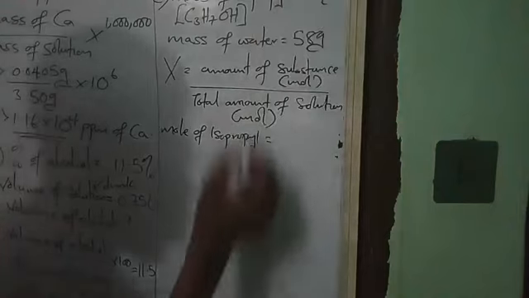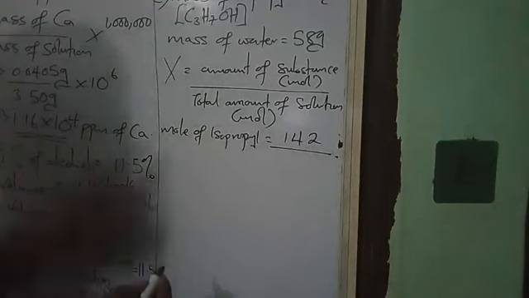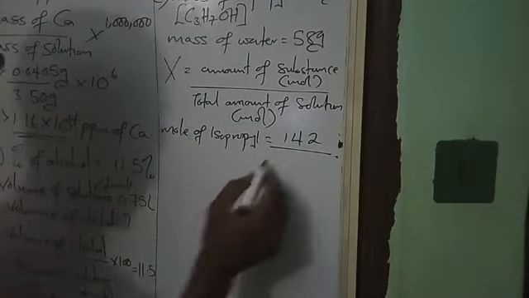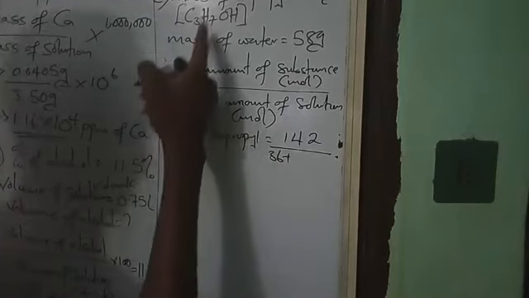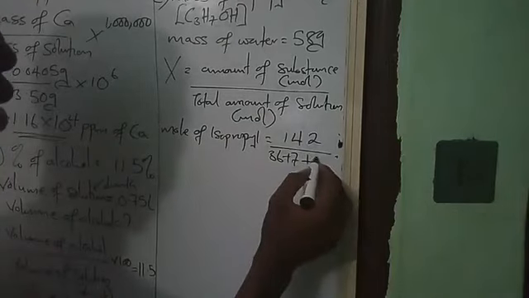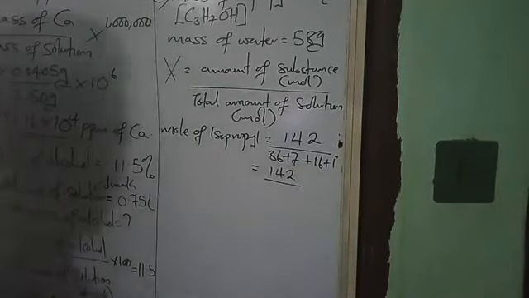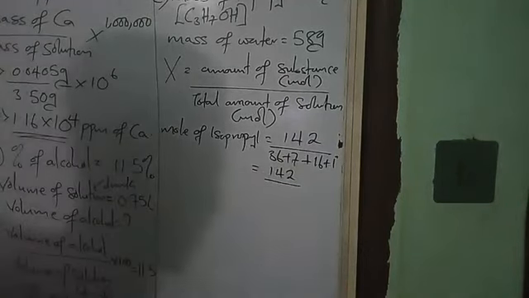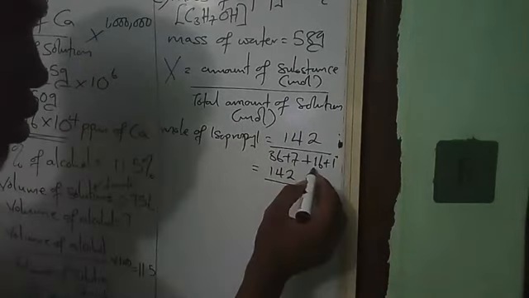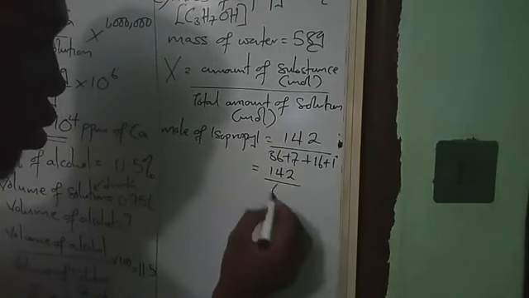That will be mass, which is 142, all over molar mass. Carbon is 12, so 12 times 3 gives us 36, plus hydrogen 1 times 7 is 7, oxygen is 16, and hydrogen is 1. 36 plus 7 is 43, plus 16 gives 59, plus 1 gives you 60.